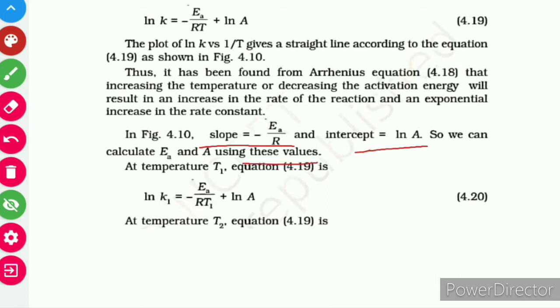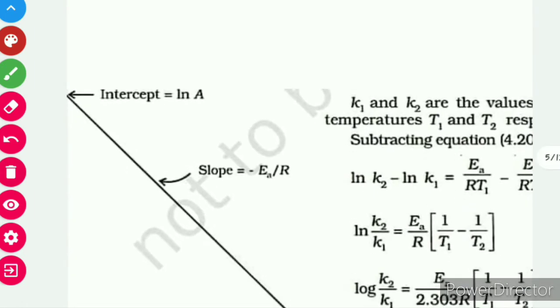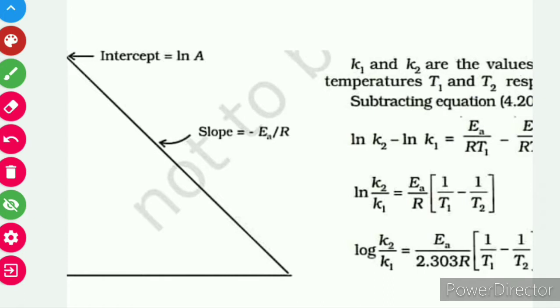At temperature T1, ln K1 equal to minus EA by RT1 plus ln A. At temperature T2, the equation is ln K2 equal to minus EA by RT2 plus ln A. Subtracting these two, we get ln K2 minus ln K1 equal to EA by R into 1 by T1 minus 1 by T2.